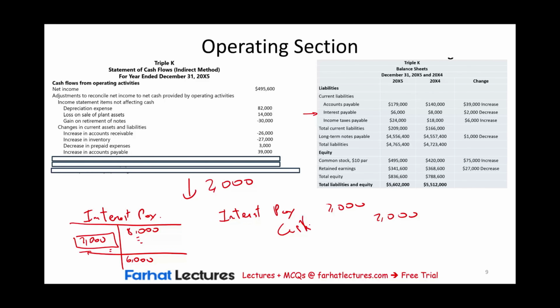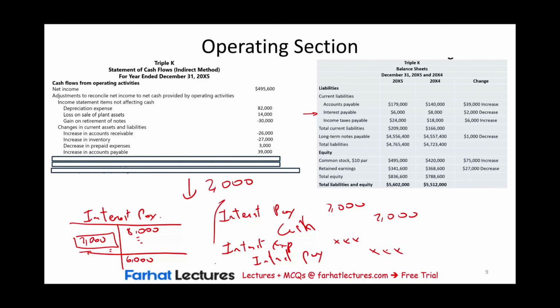So if you net all the transactions in interest payable, debiting, crediting. So when do you debit also interest payable? When do you increase interest payable? You increase interest payable when you debit interest expense, you credit interest payable, if you're not aware of this.